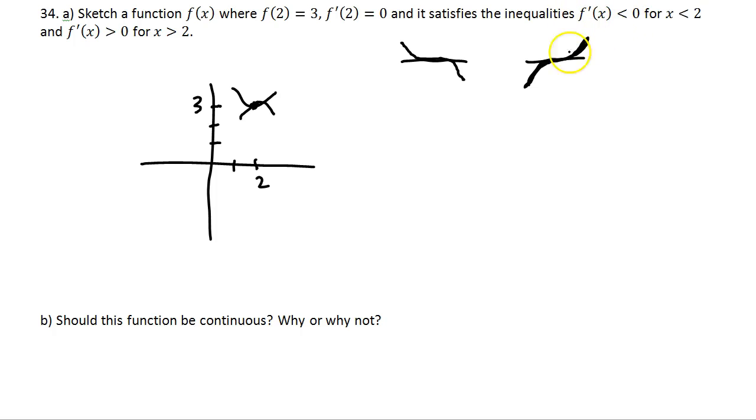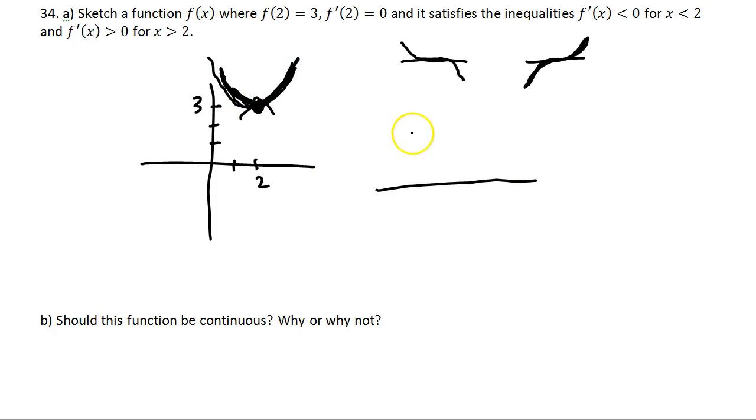F prime less than 0 means that the graph has to be decreasing, right? It should have a negative slope. So we know that the left side before 2 should be like that. And since after 2 the derivative is positive, it has to have a positive slope, so it must be like this.